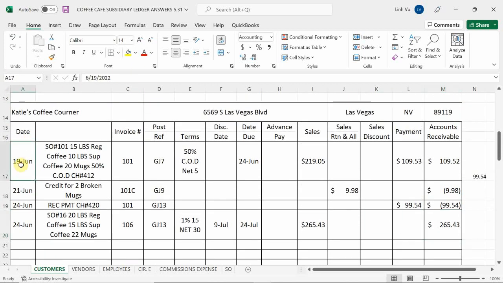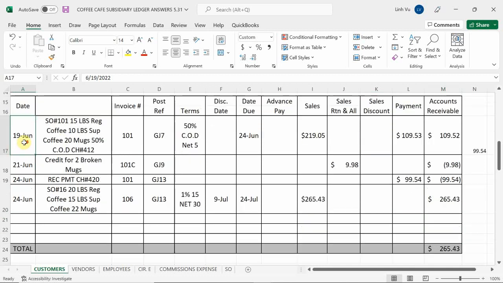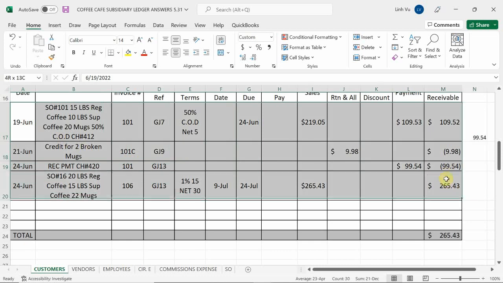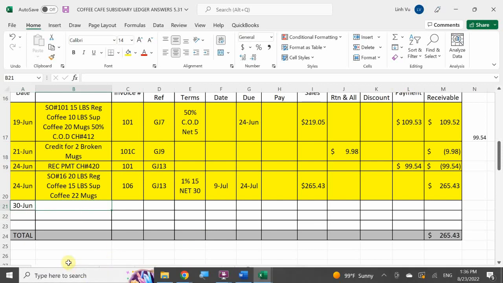So in this case, I forgot to highlight everything for all the invoices she's paid. So let me go ahead and highlight all this. So we know for a fact that we're going to give Katie a discount. Okay, so I'm going to go ahead and just type in all the information that I know, right?